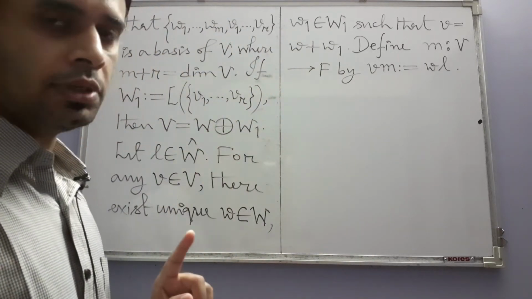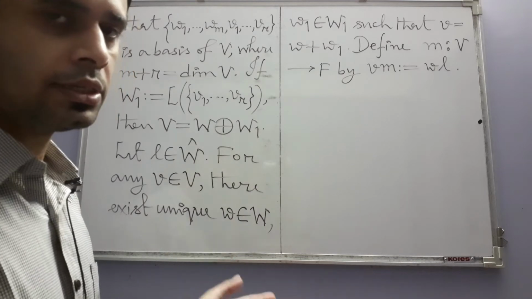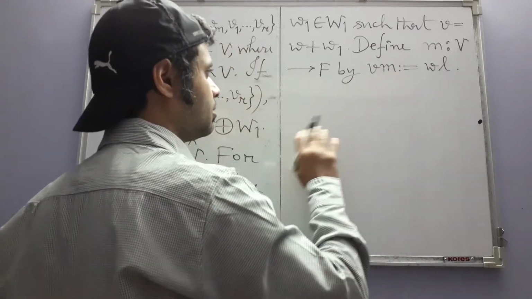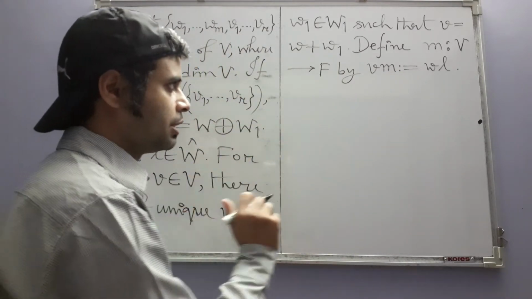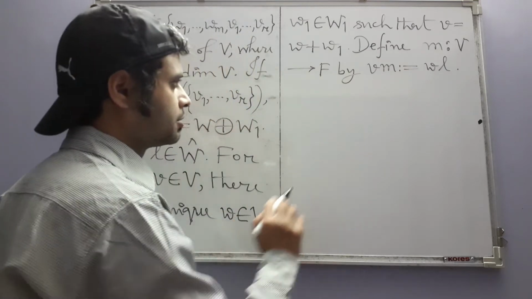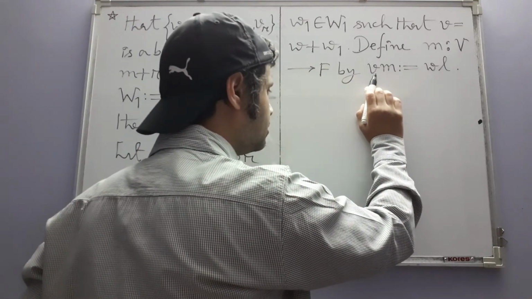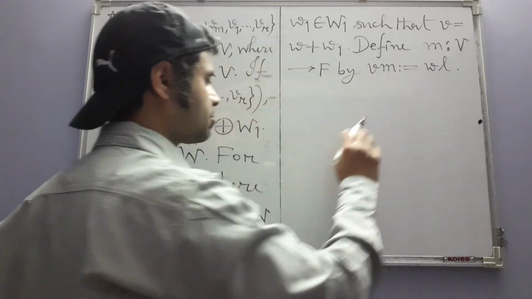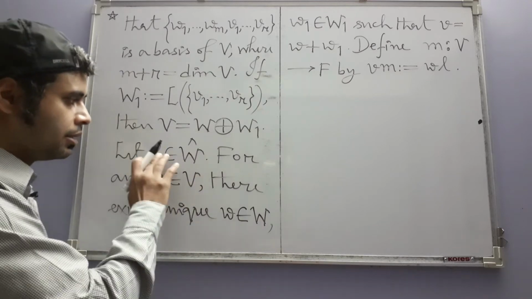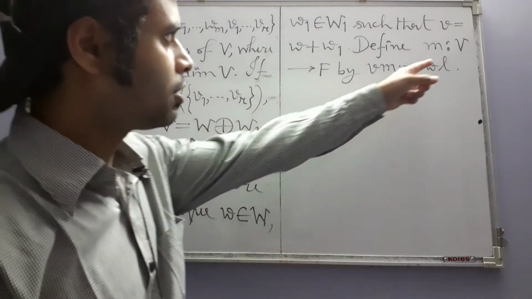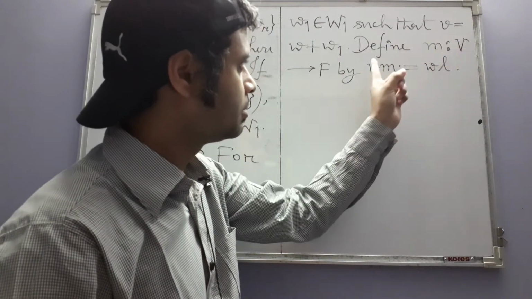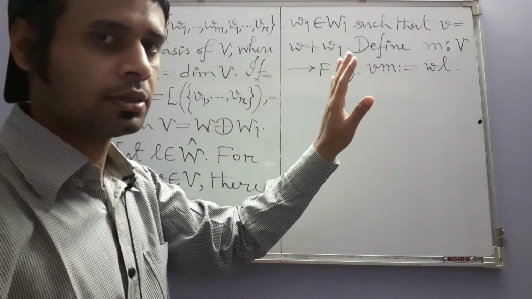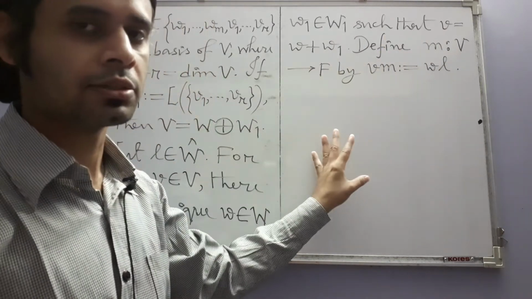But is this M unique? Well defined? Yes, it is well defined. Because for a given v, first of all, there are two things when you are checking well-definedness. You are taking v, and then vM by definition means wL. So wL, because of this, is a field element. So for an element here, that is small v coming from here, you are getting a field element. That means something here. Okay. So first of all, the sets make sense.